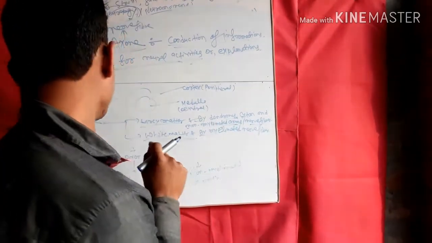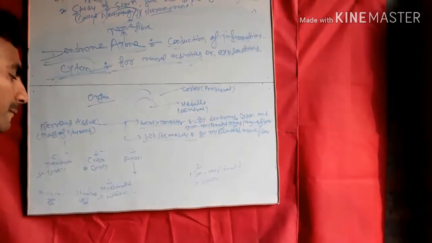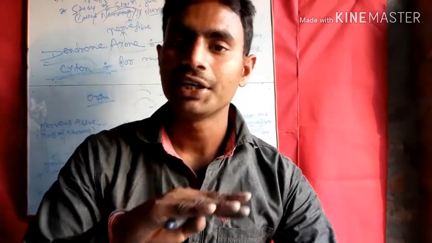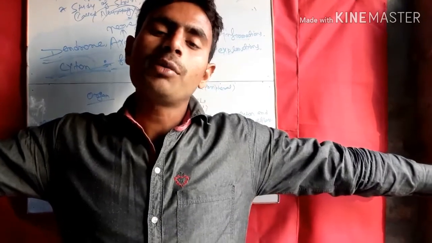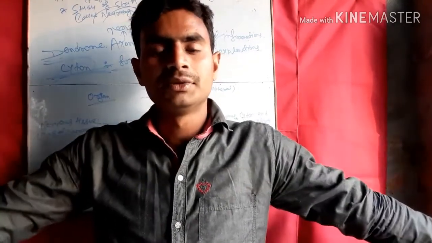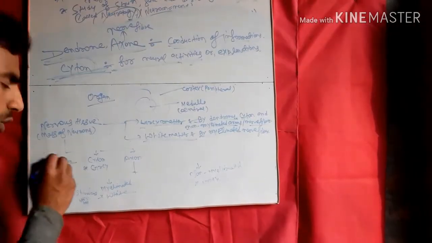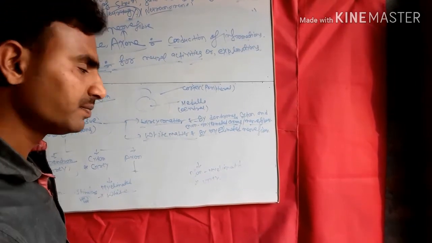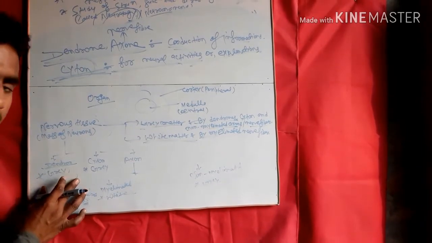Here, the nervous system is the mass of neurons, and a neuron is divided into three parts: the dendron, cytone, and axon. In the dendron, gray matter is present.